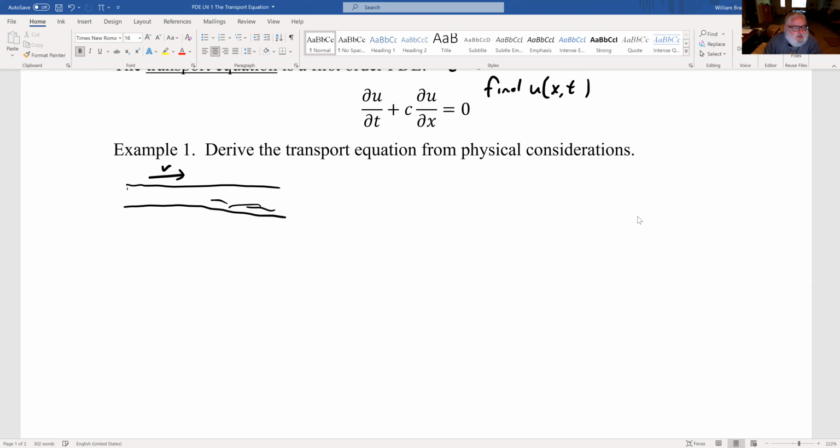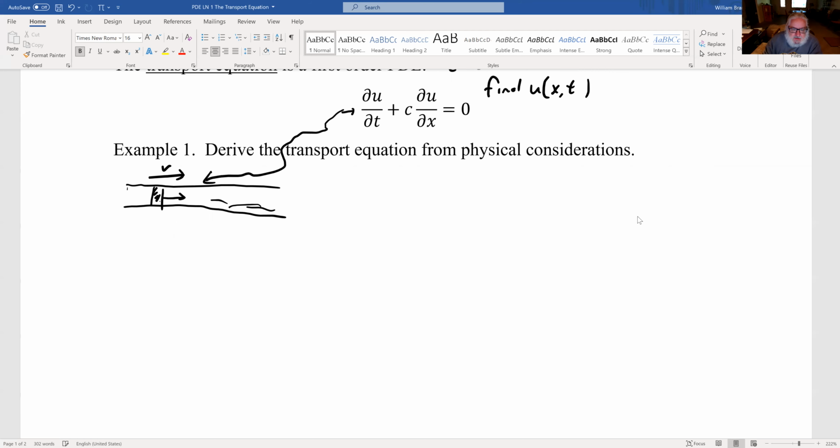And you have a velocity v, and the stream is going downstream, and it's pretty narrow. So you have a block of stuff in your stream, and this stuff is going downstream. How does it go downstream? Why does this equation model this situation?